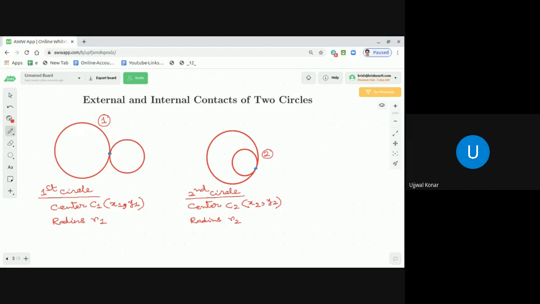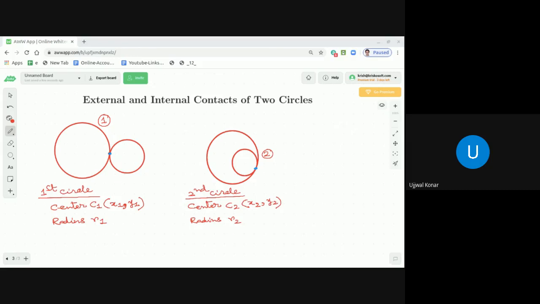Now we are going to find the coordinates of the point of contact by means of x1, y1, x2, y2, r1 and r2. How to find that? If these two circles touch each other externally, then C1C2 should definitely be r1 plus r2.